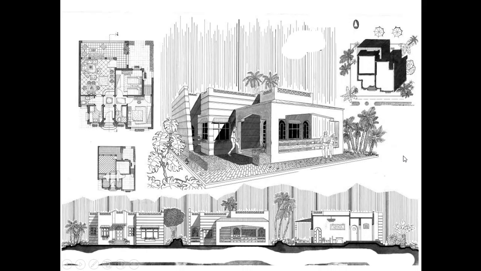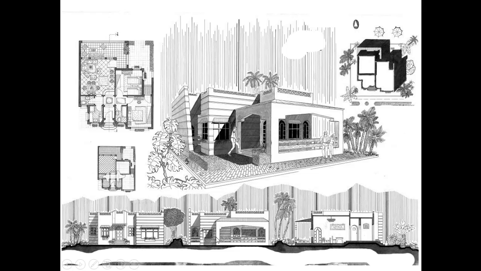This is another example, for using ink only. Here the designer used only ink techniques in his presentation. This is the ground floor plan of a chalet unit. This is the ground floor plan with furniture, and here the ground floor plan without furniture, only floors.